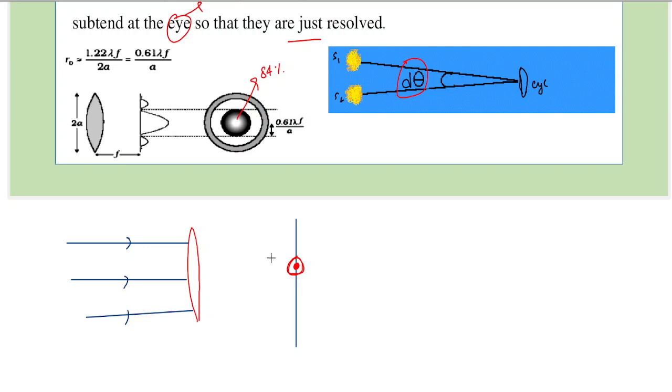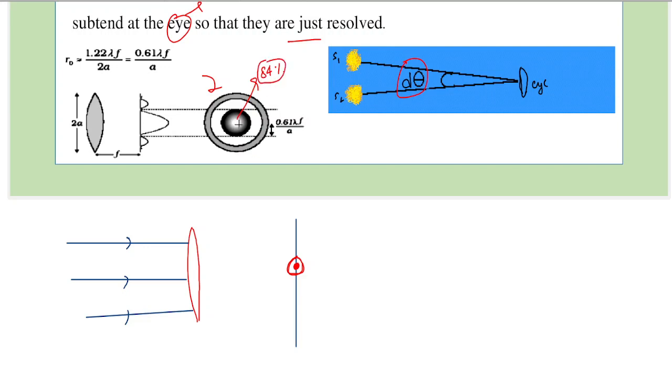So we don't get a point object here, rather we get a pattern like this, where you get a bright spot, and the bright spot would have maximum intensity. Recall that in diffraction, the central maximum has the highest intensity. Here, this would have around 84% of the intensity.